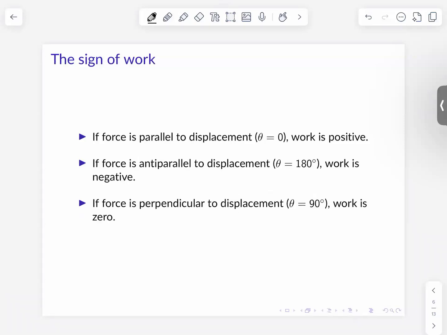If force is parallel, if theta is 0, cos is 1. If force is anti-parallel, cos of 180 is -1, so work becomes negative. And if force is perpendicular to displacement, cos of 90 is 0. So those are the only cosines that you have to know.